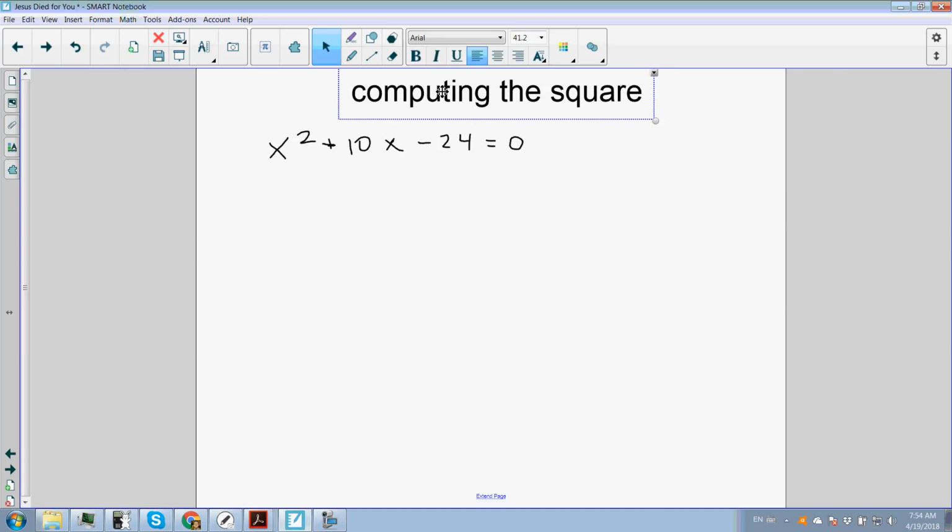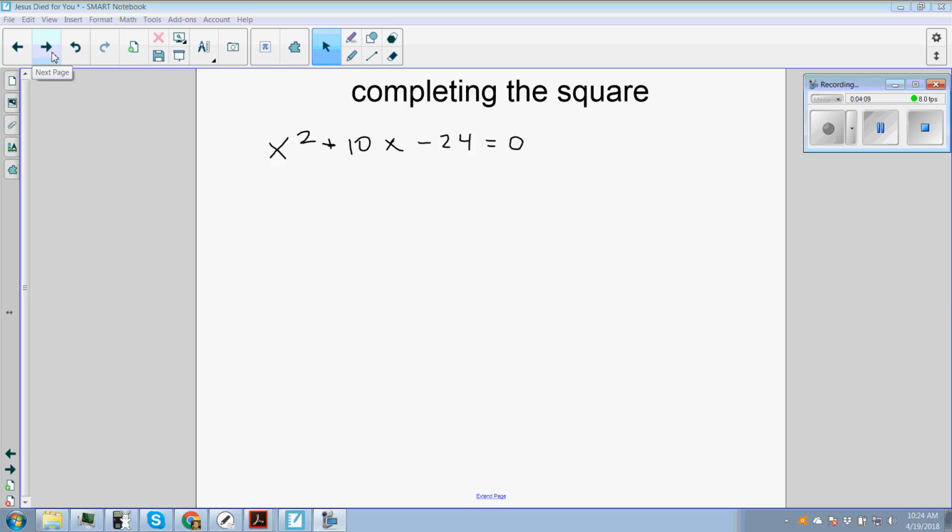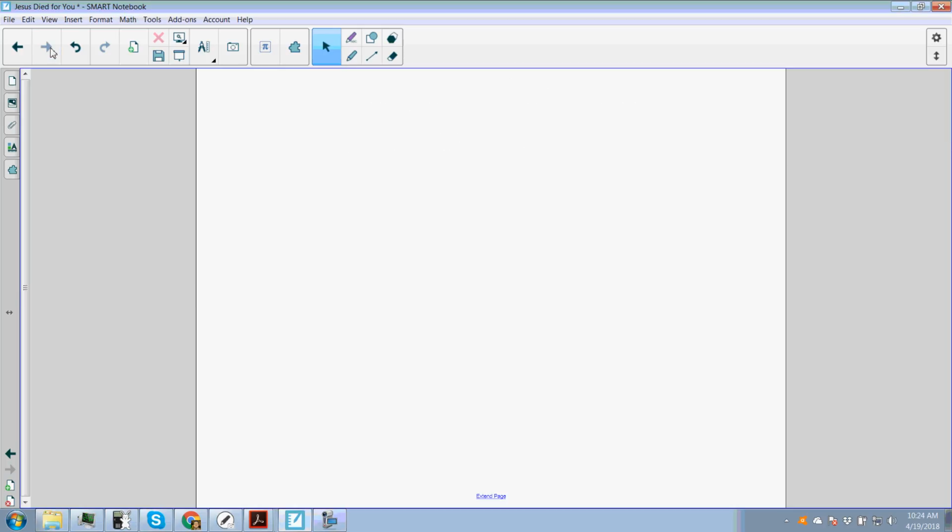Completing the square is the method that I'm going to show you here. Okay, to get an understanding of what completing the square means, we need to understand what we mean by the square.